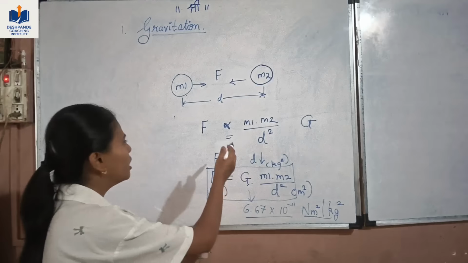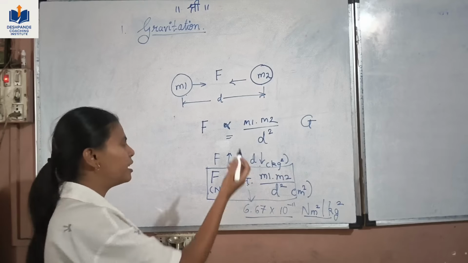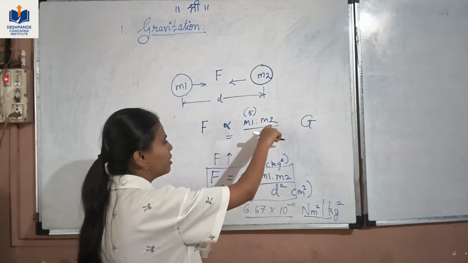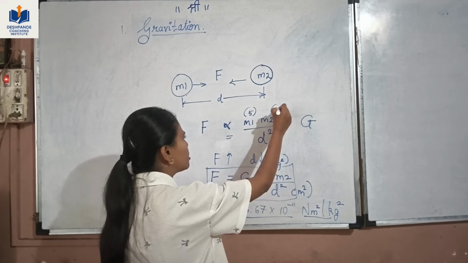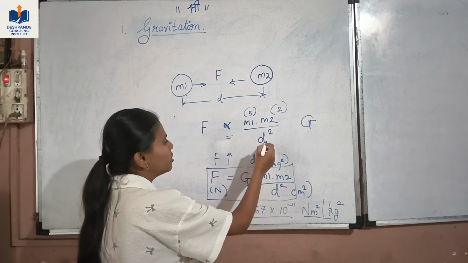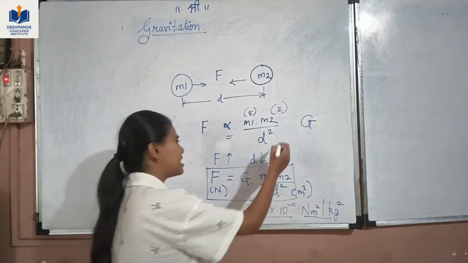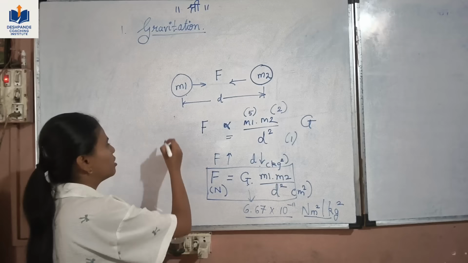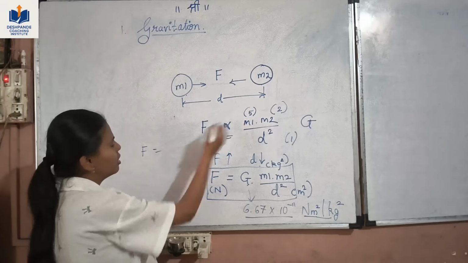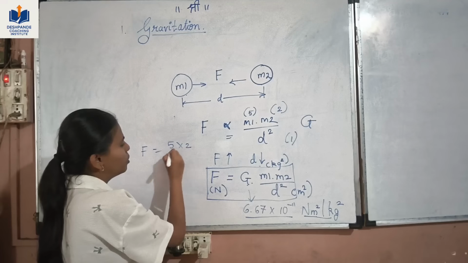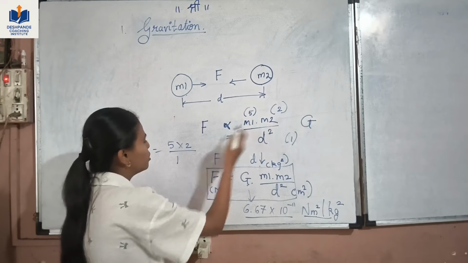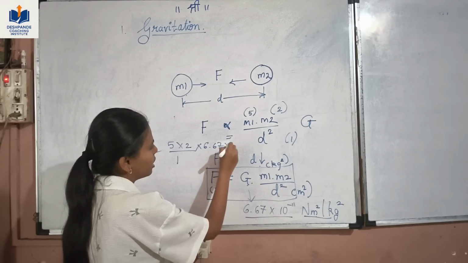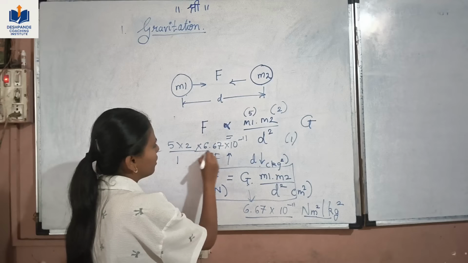Okay. So I'll take one simple numerical. We'll consider that the mass of the body is 5, the mass of the second body is 2, and the distance between these bodies is, let's say, 1 meter. So what will be the force? The force will be 5 into 2 upon 1 into G. G is 6.67 into 10 to the power minus 11.